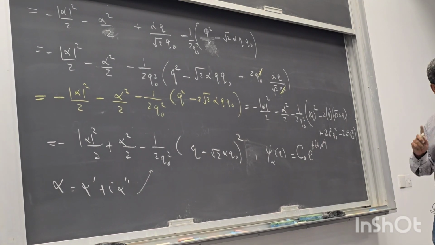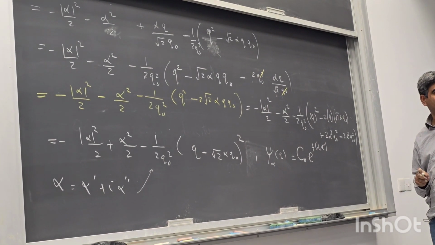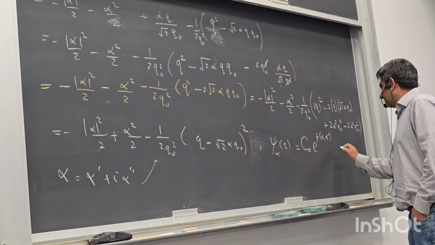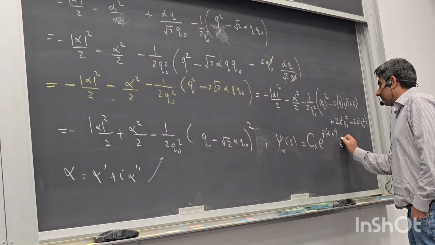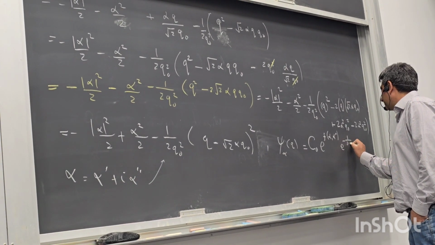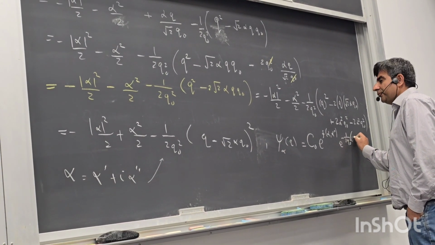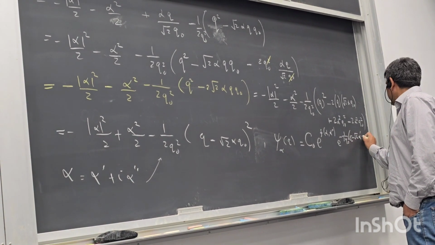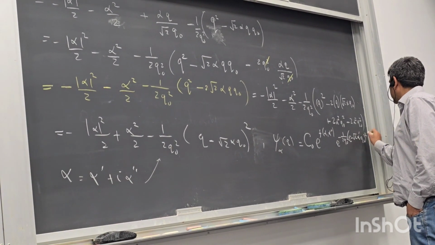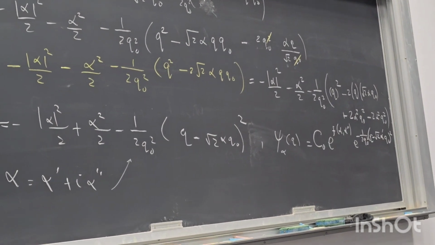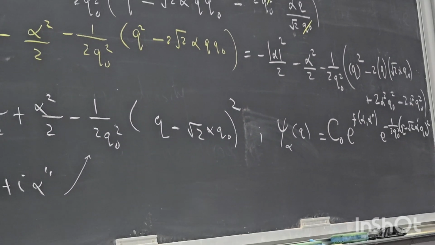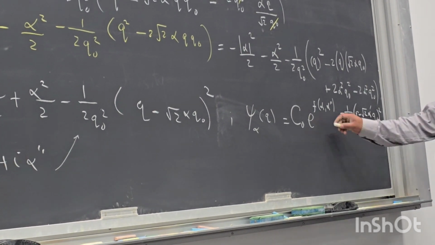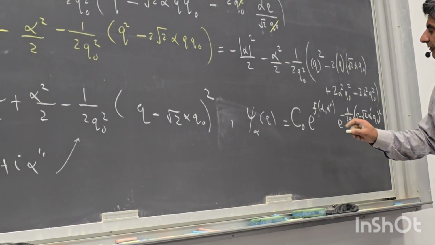You're just taking the terms without an iota. And e raised to the power minus 1 over 2 q naught squared, q minus under root 2 alpha prime q naught squared. Yes, some function of alpha and alpha.